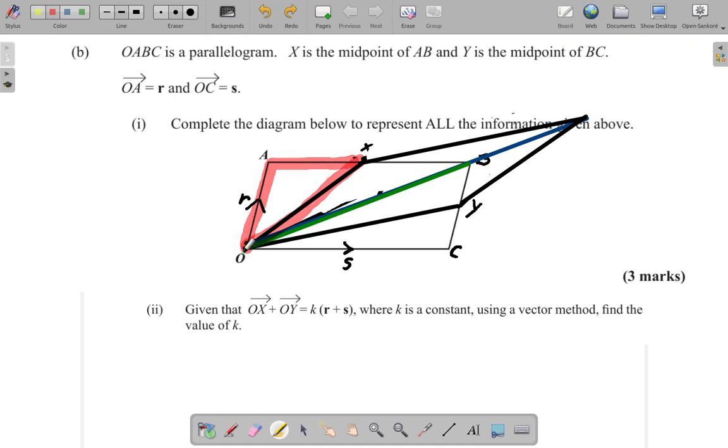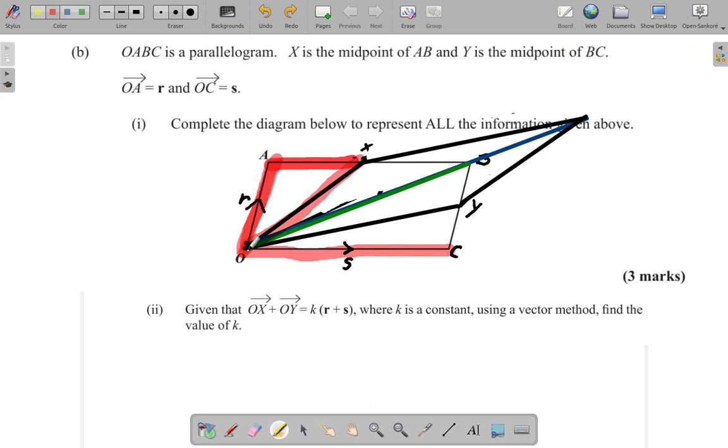In other words, it would be R plus AX, but AX is half of AB. A to B is equal to O to C, and OS is halfway O to C. So you could say that A to X is half of S.